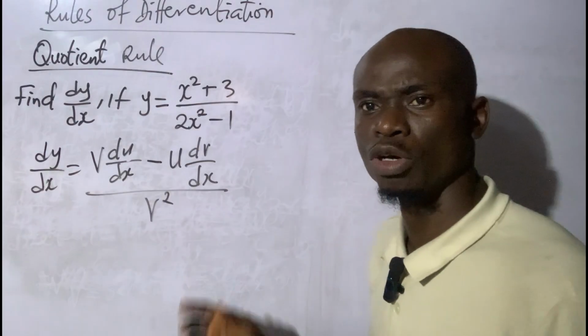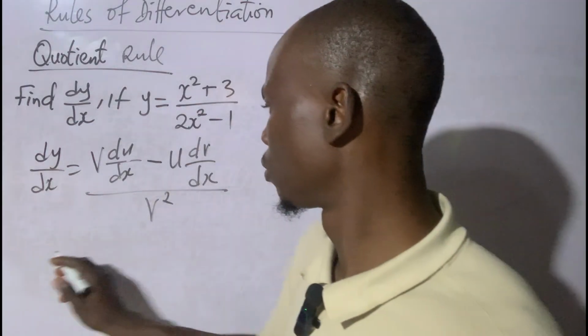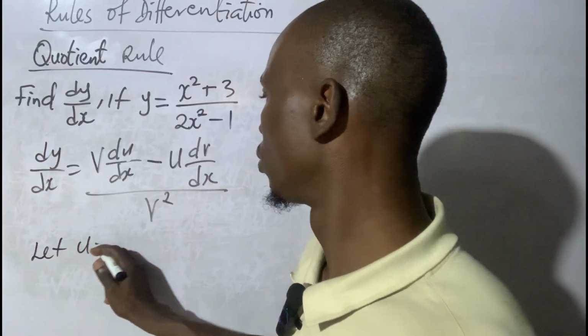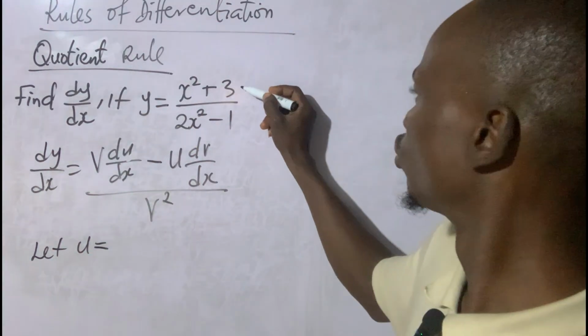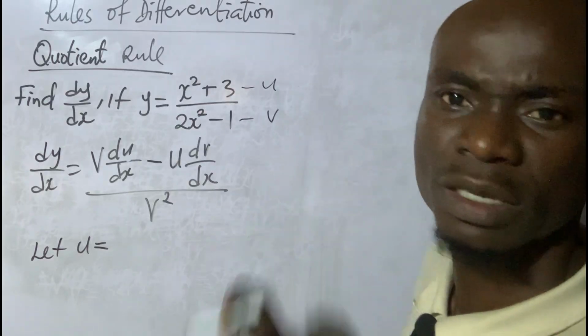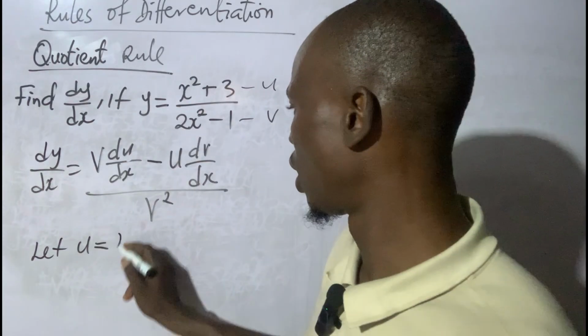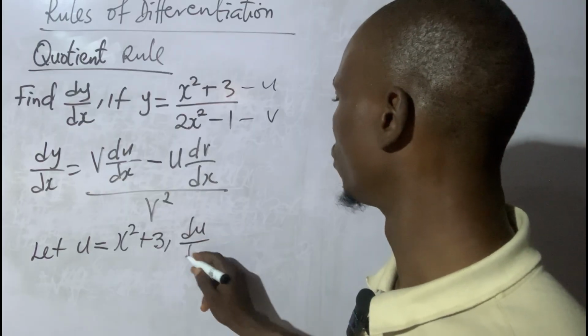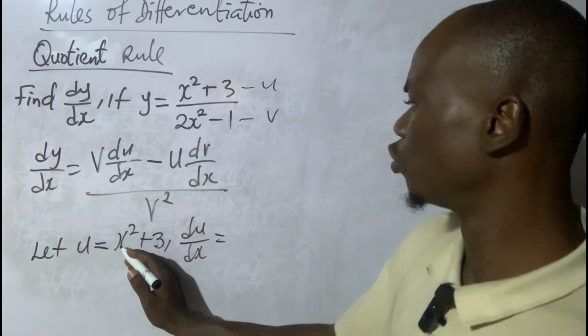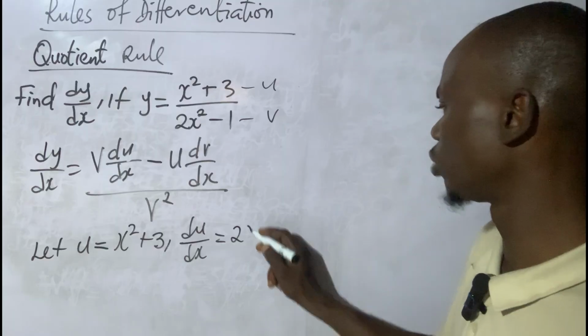Okay, having done this, we can take our u. According to the rule, u is the numerator. So this is my u and this is my v. So if I take my u, I have x squared plus 3, differentiate it, you have du dx, which will give you 2 times x, give us 2x.